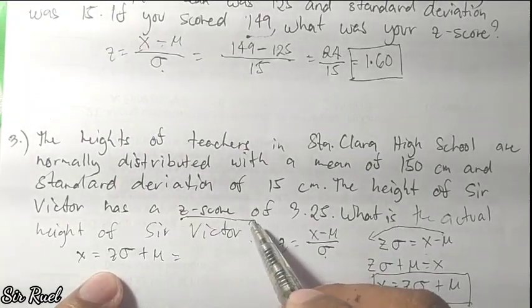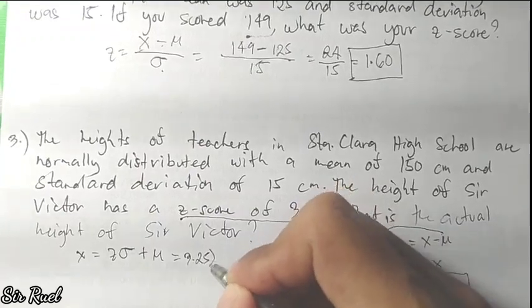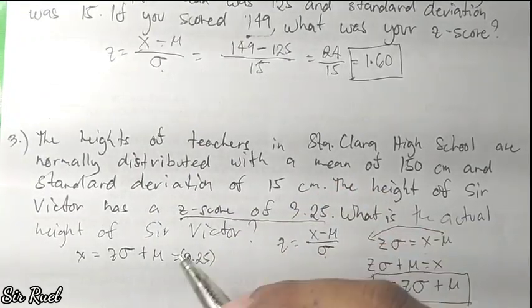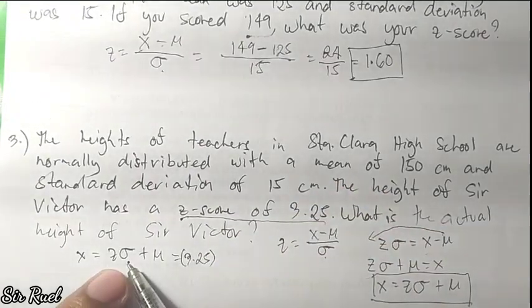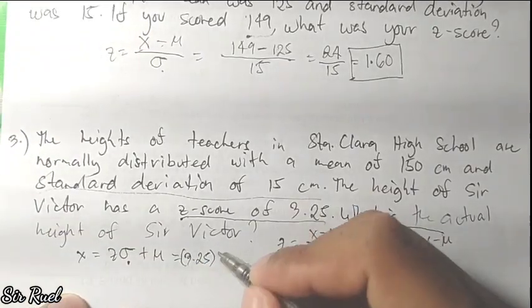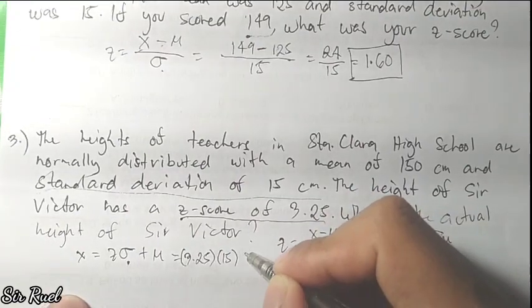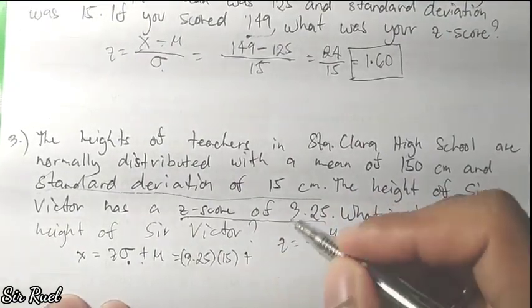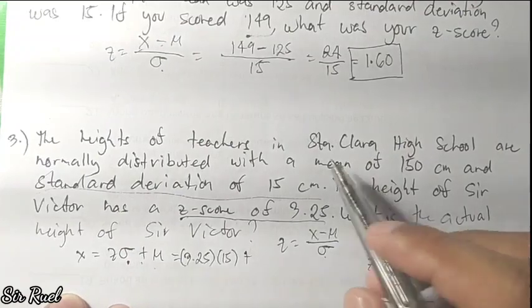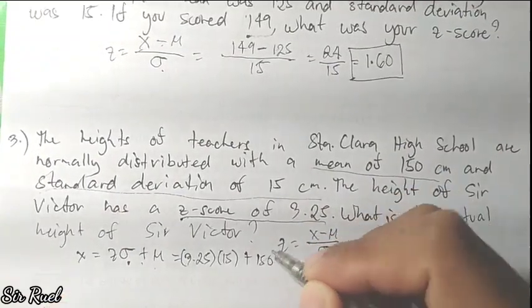Sabi dito, z score of 3.25, times standard deviation. Ano yung standard deviation? Sabi dito, standard deviation of 15 cm, times 15, plus mean. Ano yung mean natin? Mean of 150 cm, so plus 150.